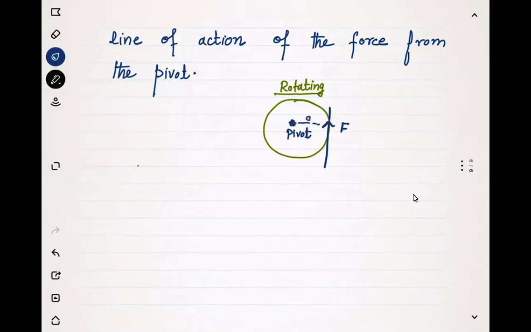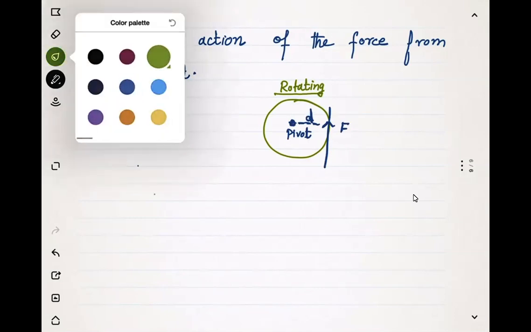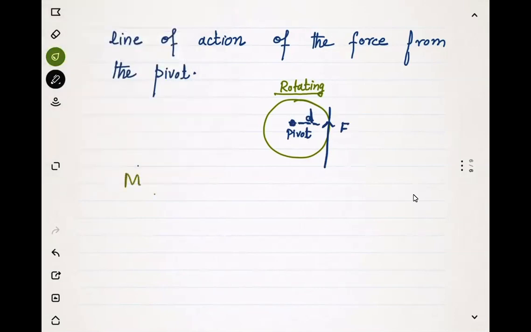So if we multiply this perpendicular distance with the force, we'll get the moment. So moment could be written as perpendicular distance, it's actually a vector, and force. If we multiply perpendicular distance of a force from the pivot and the line of action of the force, then it is the moment.